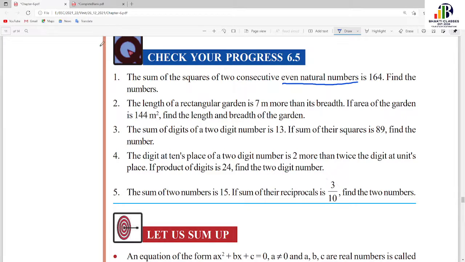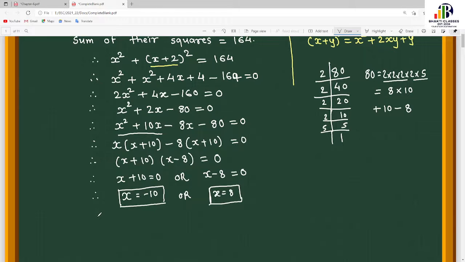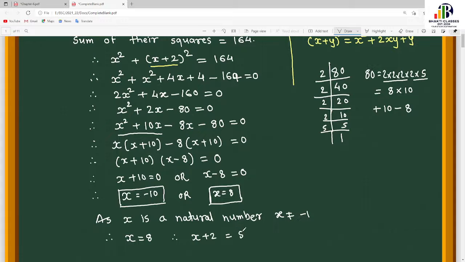नेचुरल नंबर कभी नेगेटिव नहीं होते हैं. As x is a natural number, x cannot be minus 10. Therefore, x is equal to 8, and therefore the next number x plus 2 is equal to 8 plus 2, which is 10.